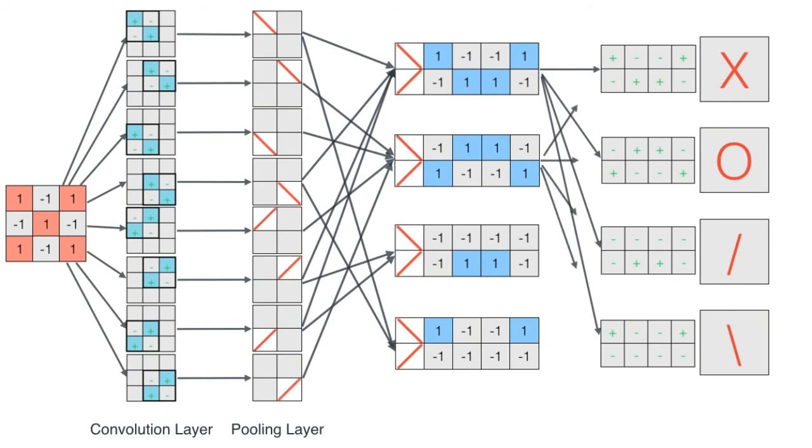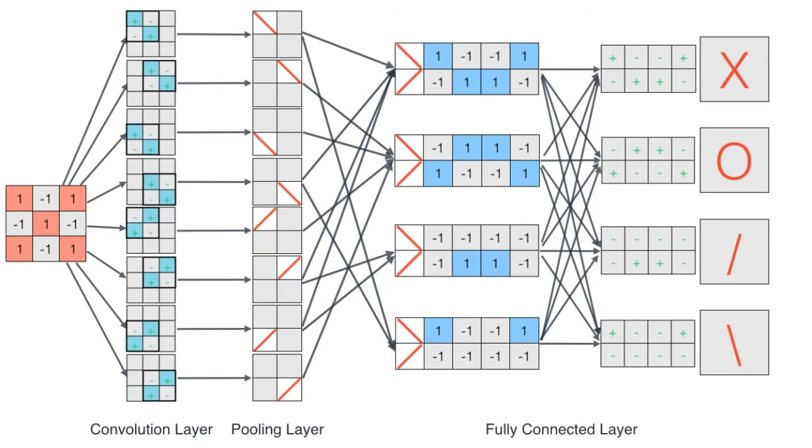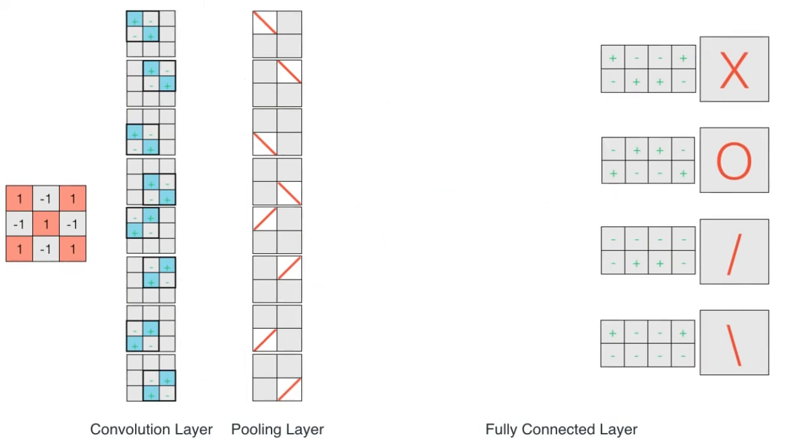That's why it is called the fully connected layer. It basically allows us to distinguish between the highest score and the other scores. The highest score wins. That's how the computer analyzes that this is X, this is O, this is forward backslash, and this is backward backslash.